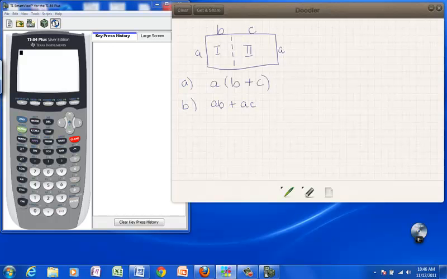So it's A times B plus A times C. And then describe a rule. Well, the rule is your answer from Part A is equal to your answer from Part B.